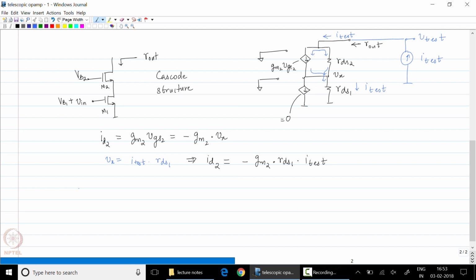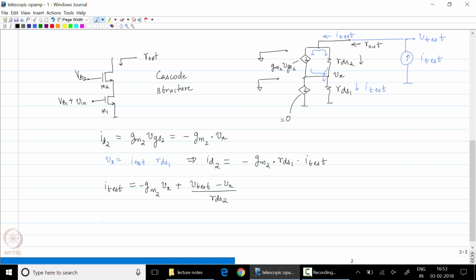The sum of all currents at the output node has to be equal to 0. So I test is the current flowing into the output node. So I test splits as minus GM2Vx plus V test minus Vx by rds2. So the two currents, minus GM2Vx and V test minus Vx by rds2, flow through the resistance rds2.